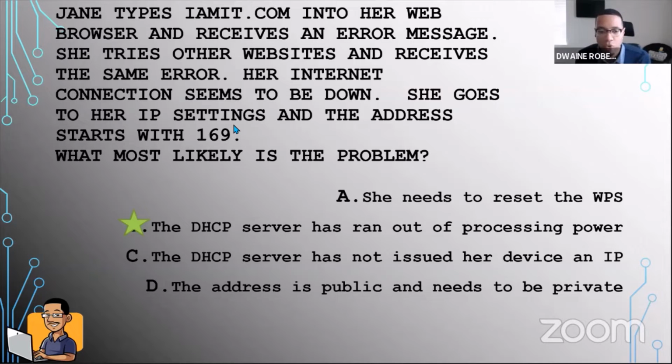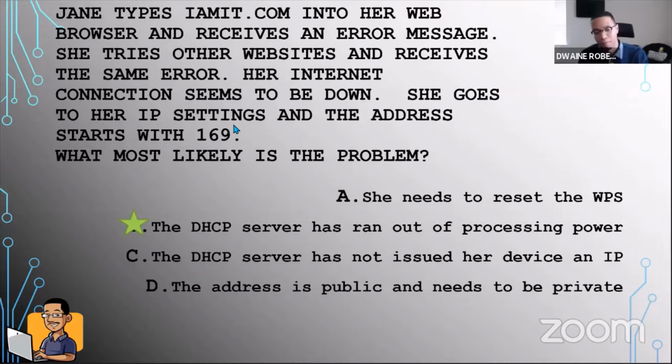If you don't have contact with the DHCP server, you will not get assigned an IP address. And when you're not assigned an IP address, you automatically get assigned a 169 IP address, right? So hopefully that didn't trip you up. You won't have any more trick questions throughout this test prep.